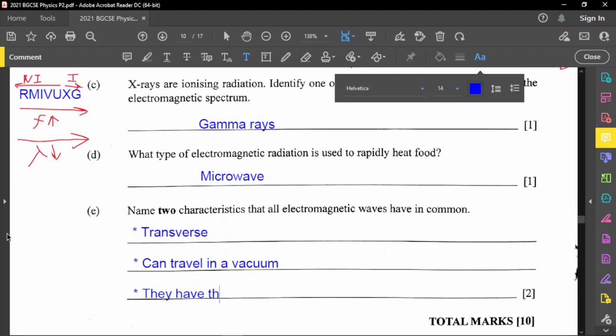They move at the speed of light in a vacuum. So in a vacuum, they will travel at the speed of light. Those are the three major properties that all electromagnetic waves have in common.